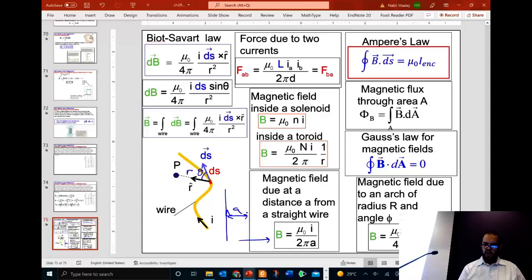We also derived the equation for the magnetic field due to an arc of radius r and angle phi, with current I flowing through it: mu0 I phi divided by 4 pi r, where the angle has to be in radians and r is the radius of the arc.